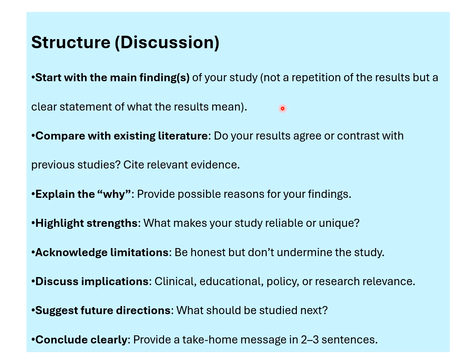Actually, you are telling the meaning of those findings here, and then you will compare your findings and the meaning of your results with existing literature. Do your results agree or contrast with previous studies? And these previous studies should not be older than 5 years.